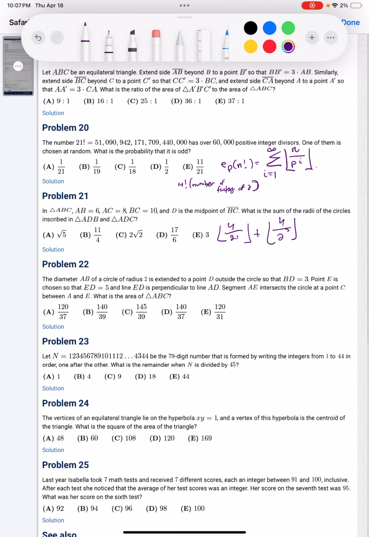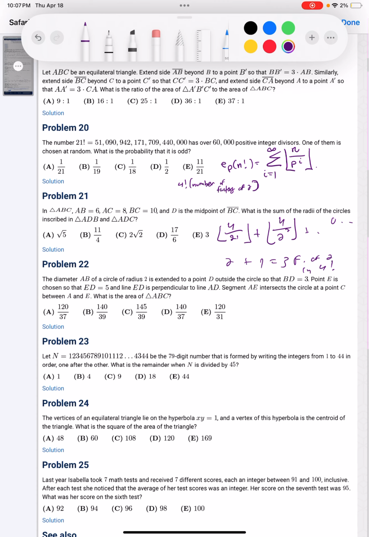And we continue, but when you do 4 over 8, the floor is 0. So it's simply 2 plus 1 equals 3 factors of 2 in 4 factorial. That's what it means. Really simple.